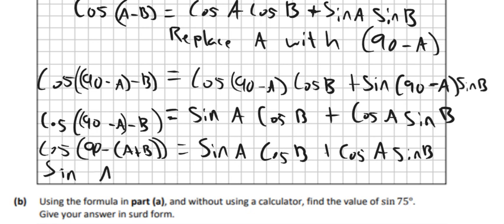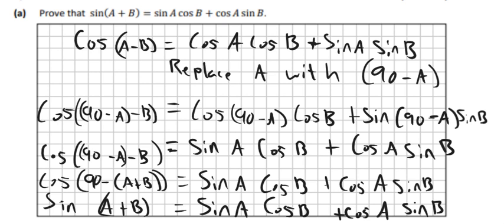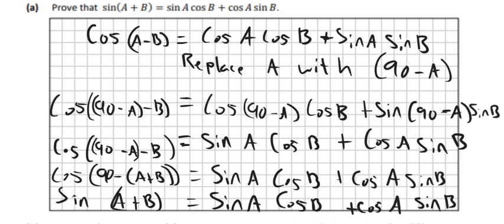So that's just sin of A plus B then. And that's equal to sin A cos B plus cos A sin of B. And that's what we've got then.